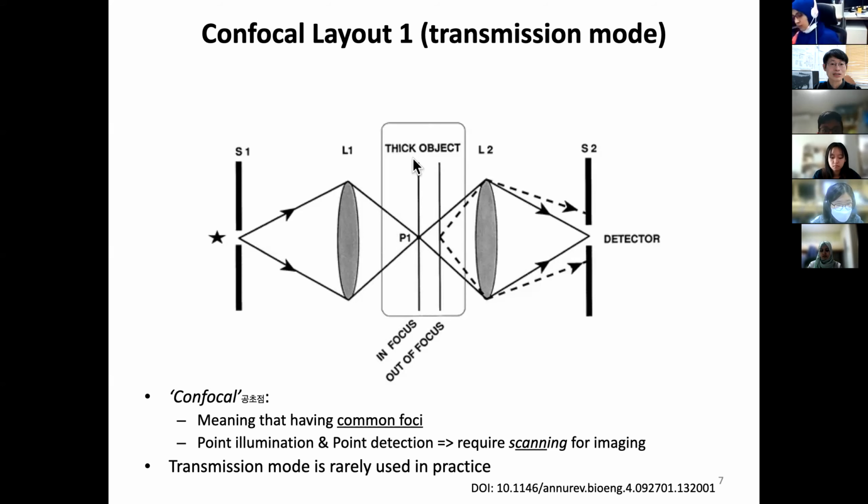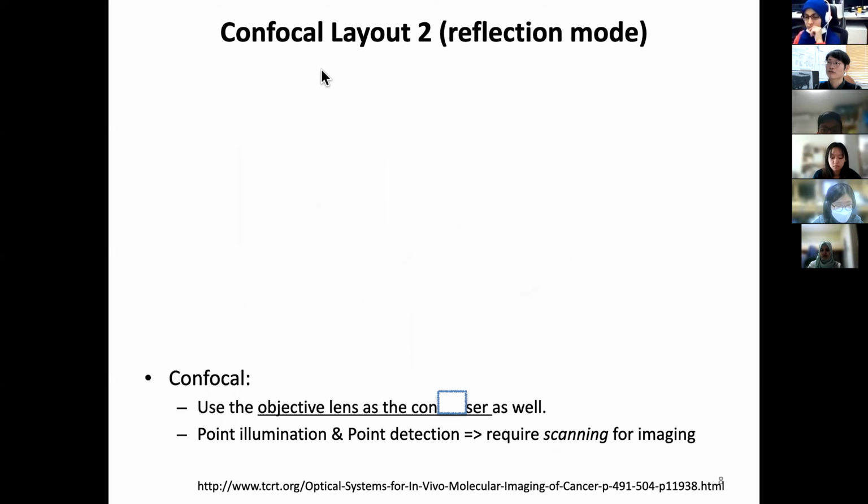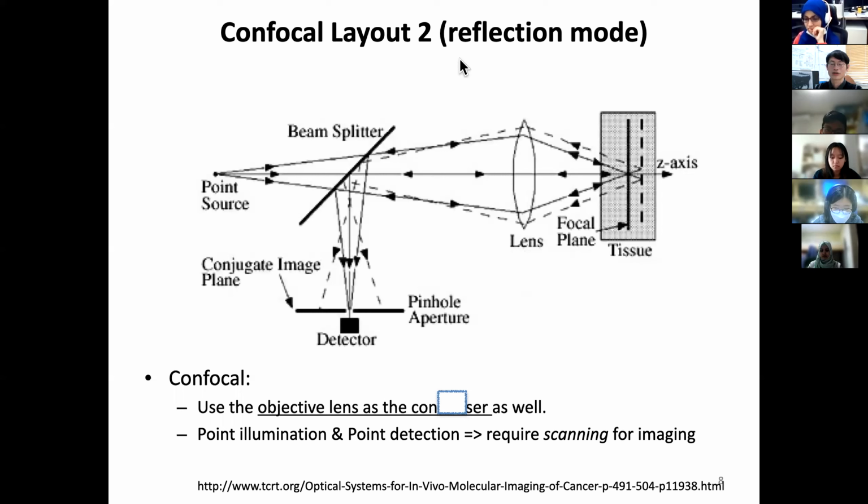But like in fluorescence, people normally use epifluorescence. Likewise, confocal also uses the epi mode or reflection mode. So here's the idea, because now you understand how a fluorescence microscope works. Let's have a point source shining onto the sample, so you can make a point object here. And then this lens.